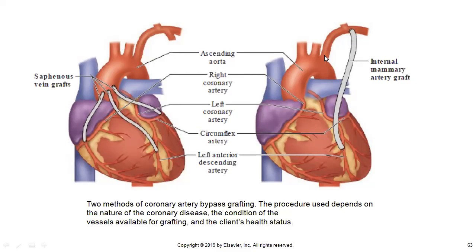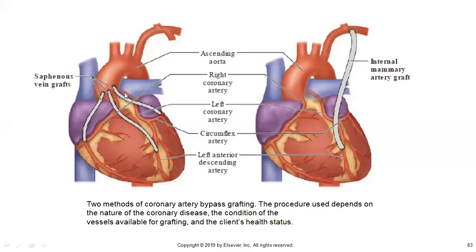Like this is the bypass, directly from the branches of the arch of the aorta. The bypass distributes the blood to the ventricle. Here is shown the arch of aorta with a saphenous vein graft. There are three branches distributing the blood to the right atrium, left ventricle, and interventricular septum.